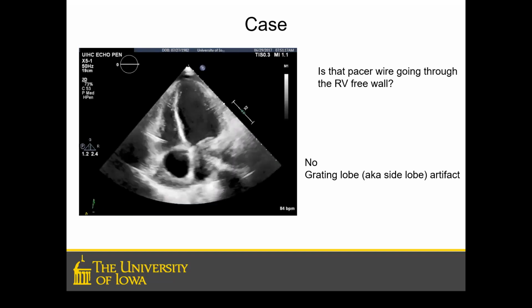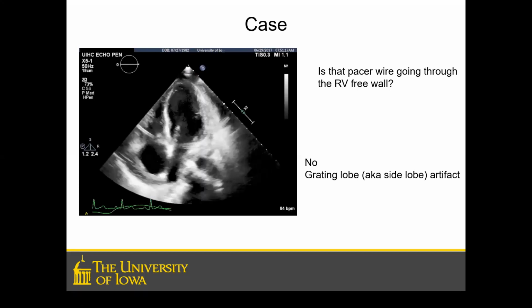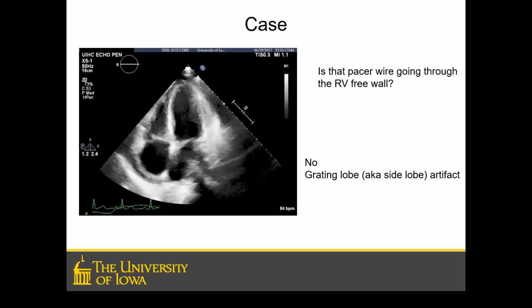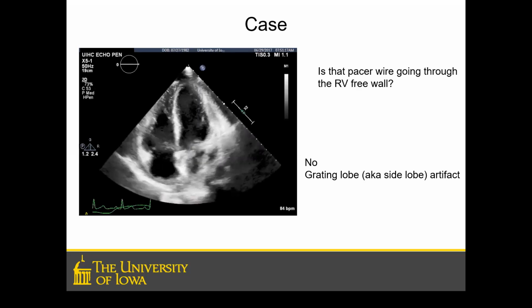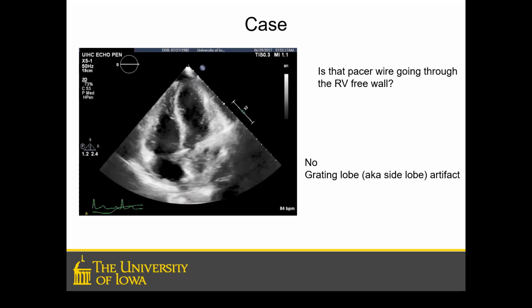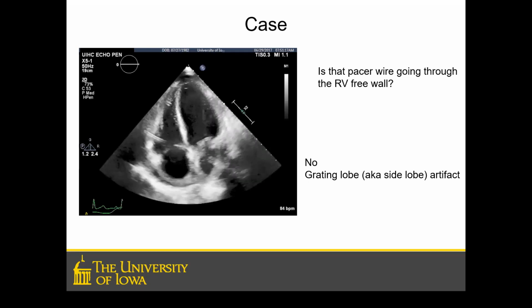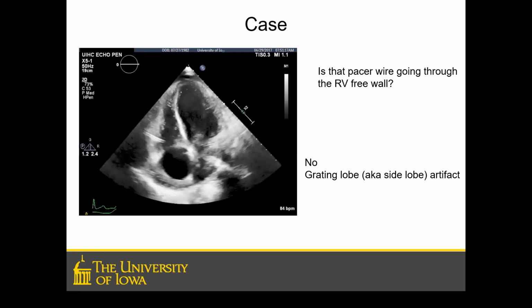So as equipment has gotten better, you see less of some of these artifacts that I'm showing you. And the reason for that is because the engineers have been able to do things with the equipment to either reduce the reason that the artifacts happen or to filter them out so they're not displayed.